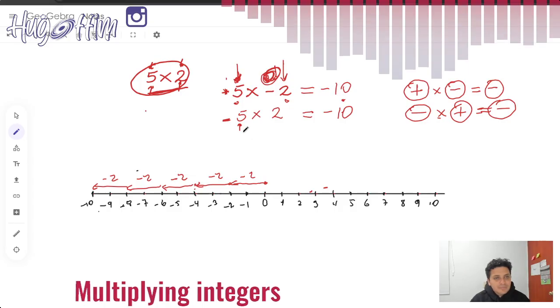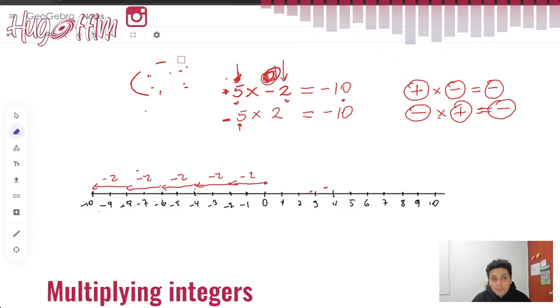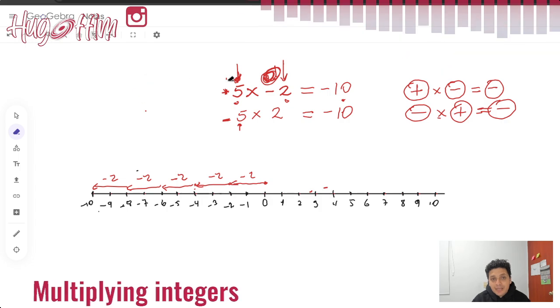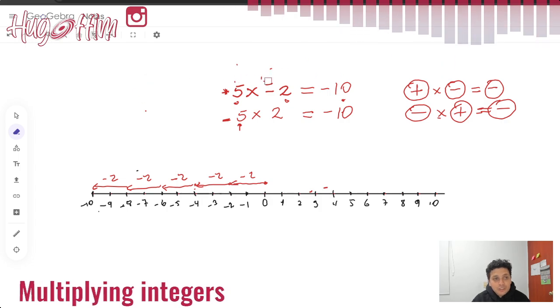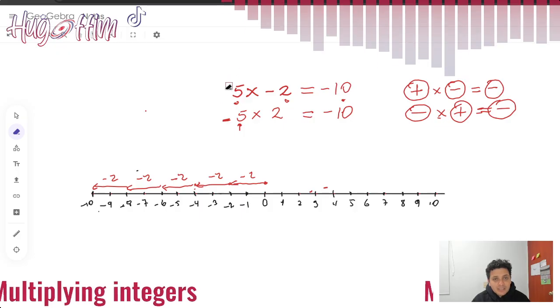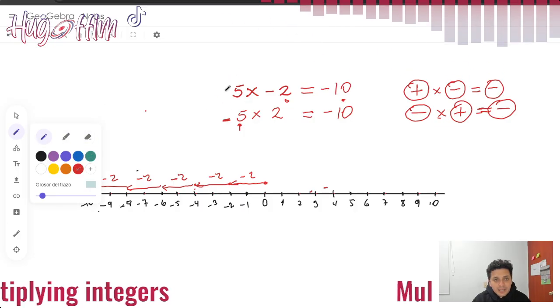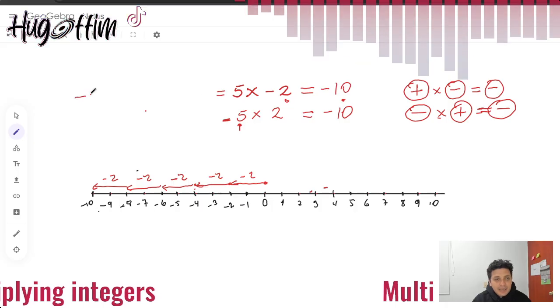Now you can see that when I say this is the multiplication, 5 times -2, we're just talking about -2 added 5 times.